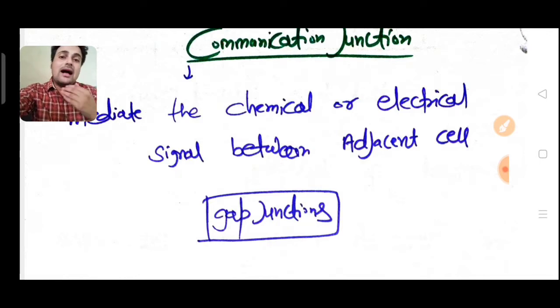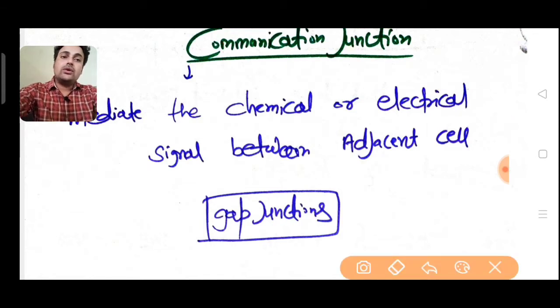After that we will also discuss these two junctions too. Okay, so first of all we will complete the communication junctions. Now after studying plasmodesmata, let's see what a gap junction is, how they work, and what the meaning of junction is. So first of all, what's the basic definition of communication junctions?